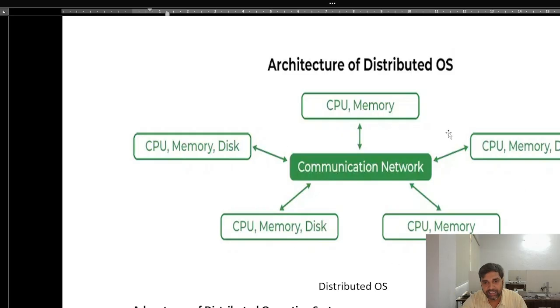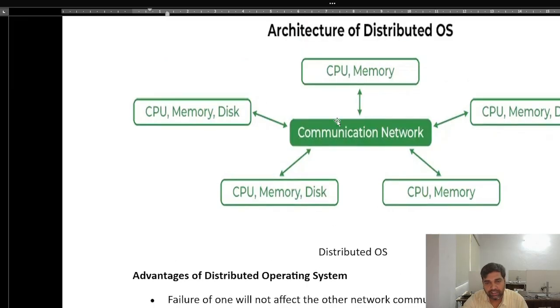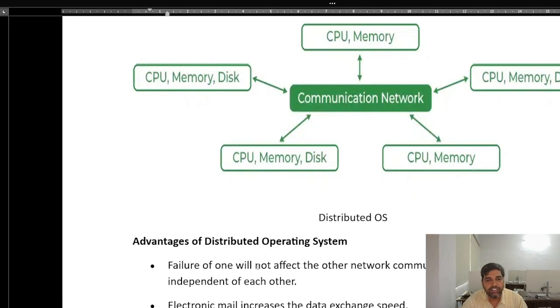Many computers are connected to a communication network, so the same applications can be run on different devices. Here's the advantage of the distributed operating system: failure of one will not affect the others. Suppose one link is broken, the others will work perfectly.